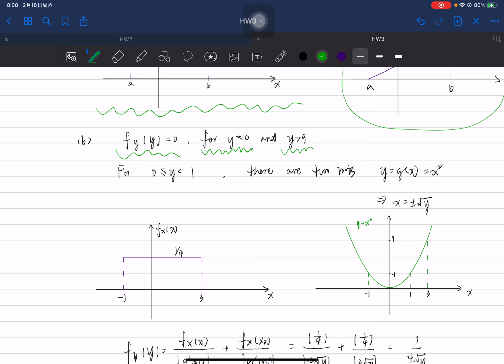For Y greater than or equal to 0 and smaller than 1, there should be 2 roots, which is that X equals plus minus square root of y.